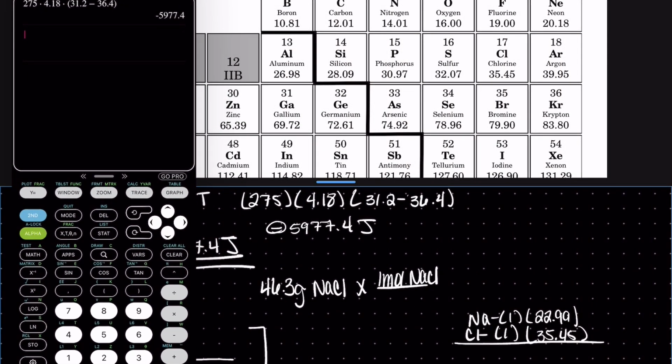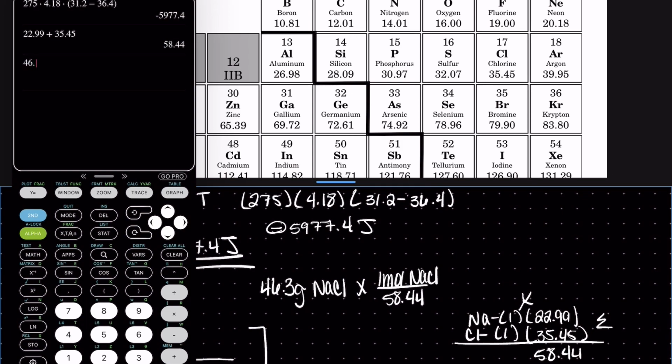I have 22.99 plus 35.45. The reason I jump straight into adding is that anything times 1 is itself, so I just add down.